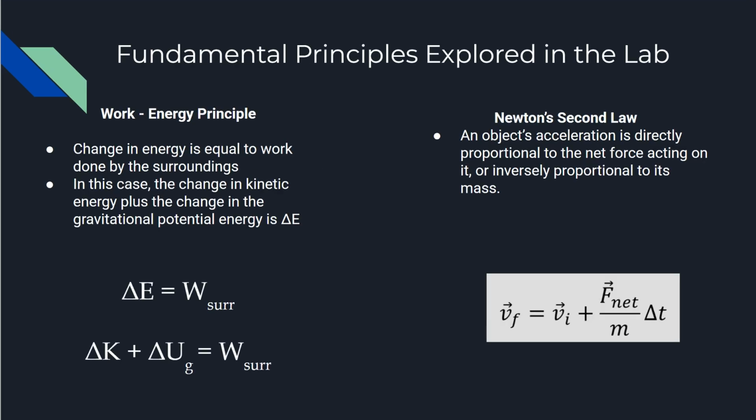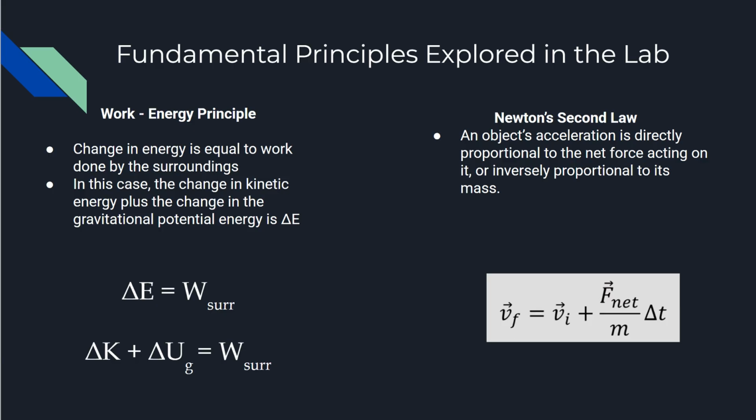Speaking of, let's talk about the fundamental physics principles here. The work energy principle states that the change in energy is equal to the work done by the surroundings. In this case, I think it's the change in kinetic energy plus the change in gravitational potential energy, you see the equation there. We also use Newton's second law for the velocity update and position update formula, but you can see the equation there for that as well.